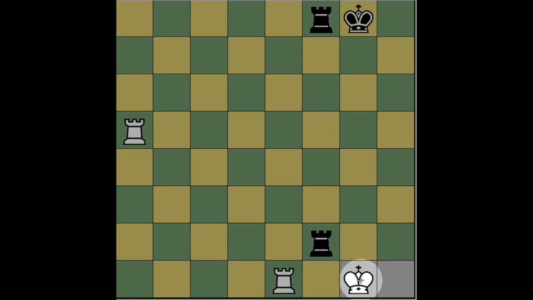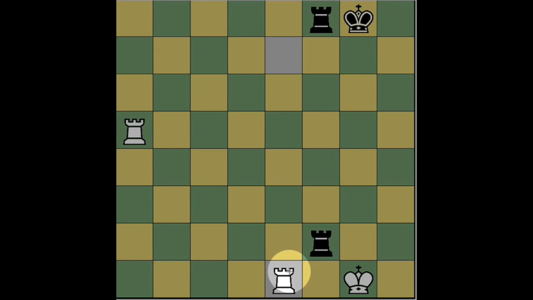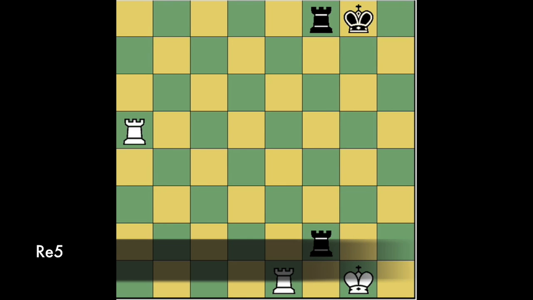If the white king were to move, we would represent that with an uppercase K. If the rook at e1 were to move, we would use an uppercase R. If it's a capture, we use an x. And whether it's a capture or a regular move, we name the destination square. So for example, if this rook were to move to e5, we would write capital R e5.